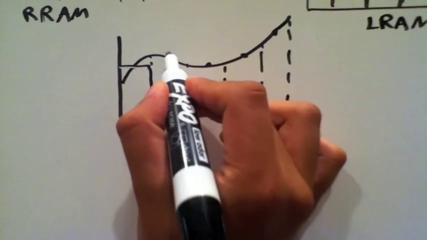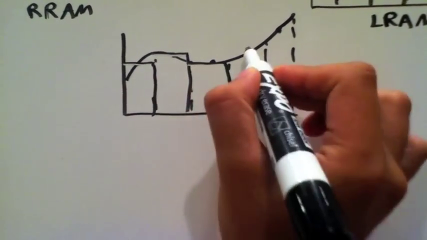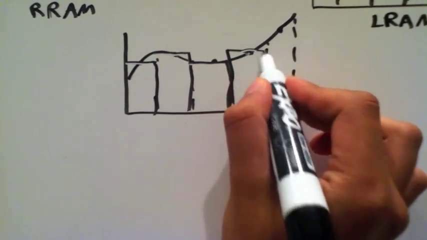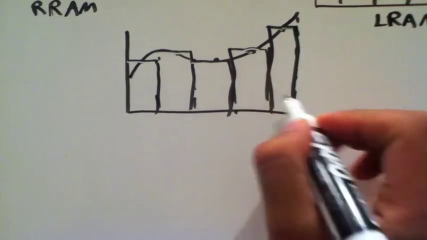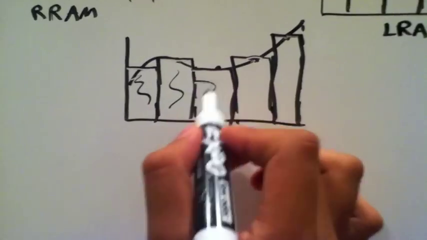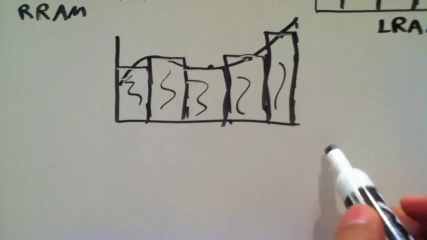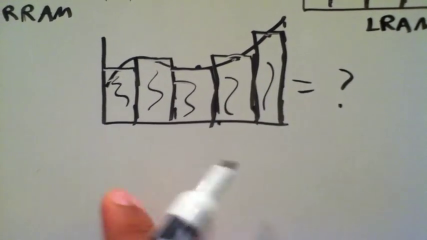So the midpoint here, use that height. Midpoint here, use that height. Midpoint here, use that height. So these are three methods, and you just add together the areas of these rectangles, and you get an approximate value of the area under the curve.